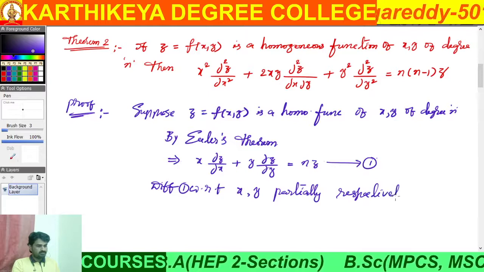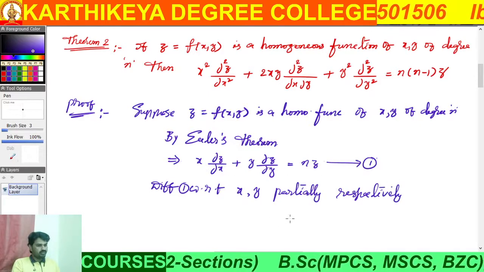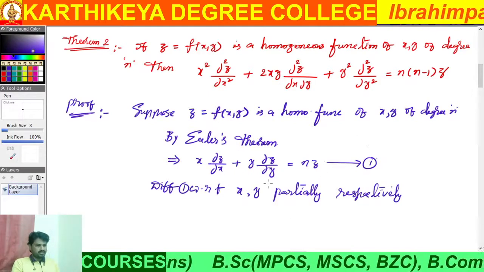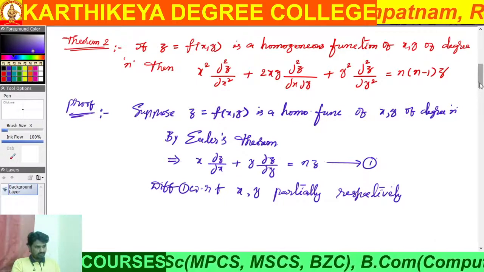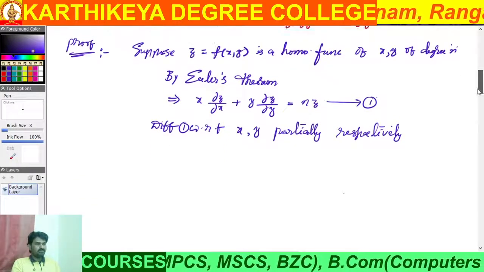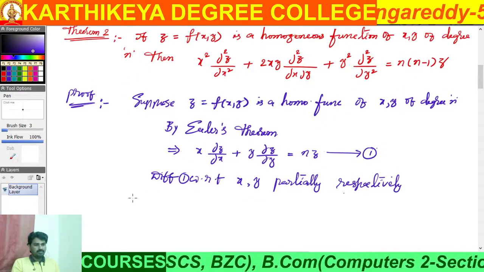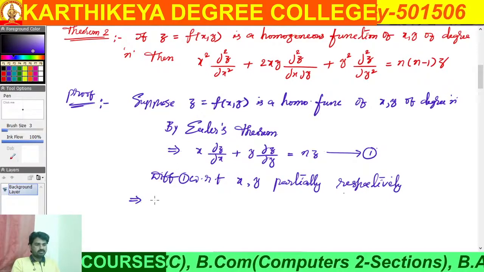That means first differentiating with respect to x, you will get one equation. After that, differentiating 1 with respect to y partially, you will get another equation. Here I am going to write the direct answers, so you have to practice them. Okay. If you don't understand, then I will give the explanation in the classroom.